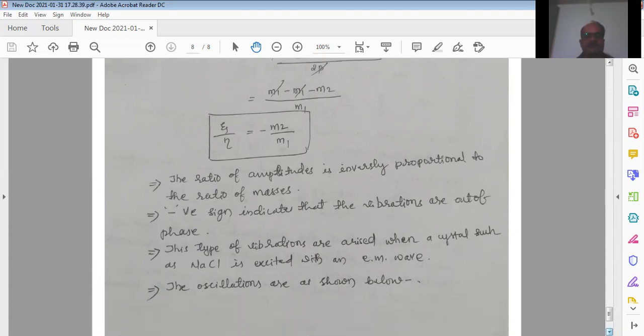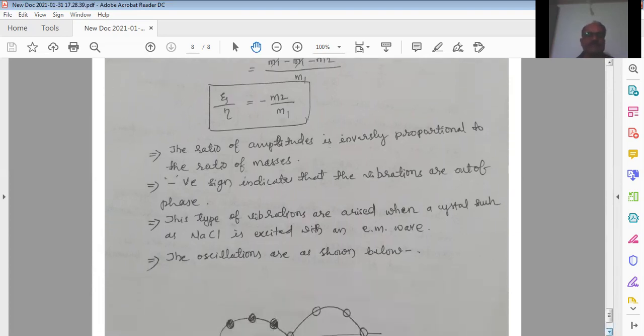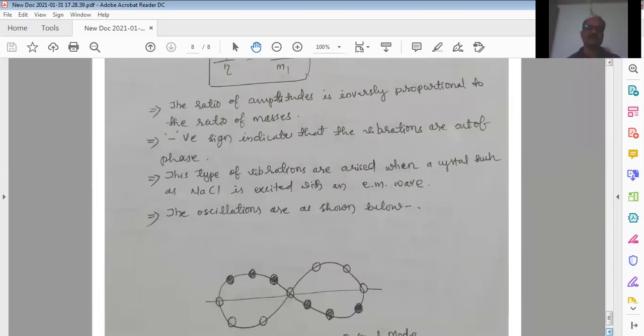Here the vibrations of M2 and M1 are out of phase. Earlier they were in phase, now they are out of phase, and this type of vibration arises when a crystal such as sodium chloride is excited with an EM wave, meaning an electromagnetic wave.